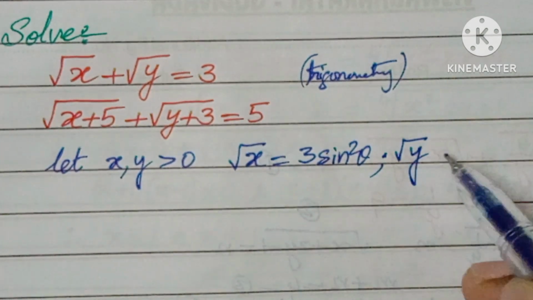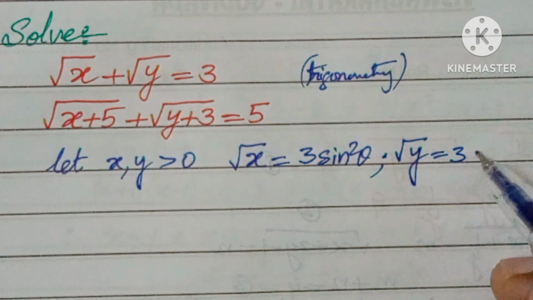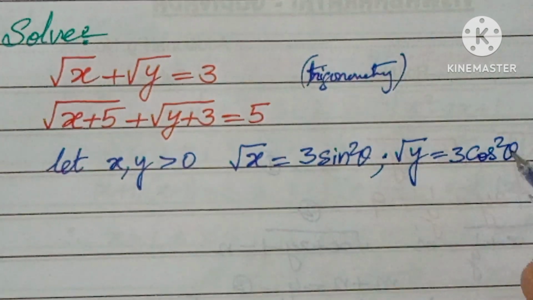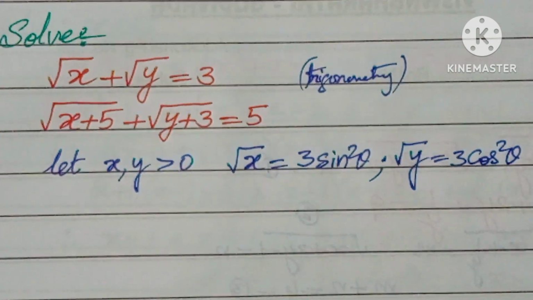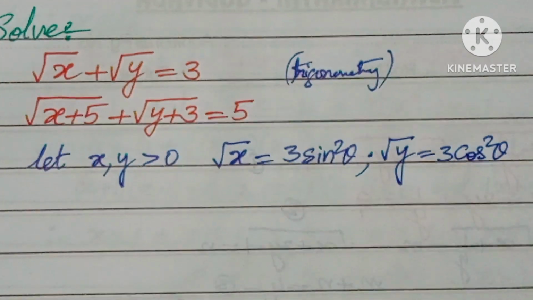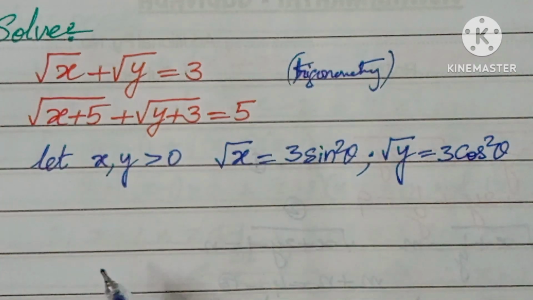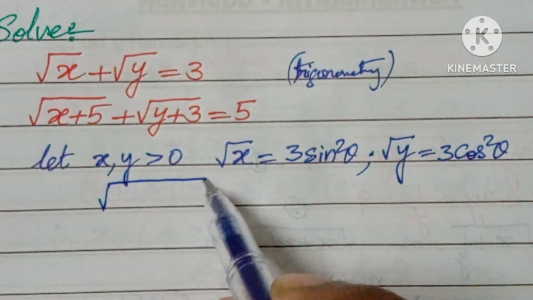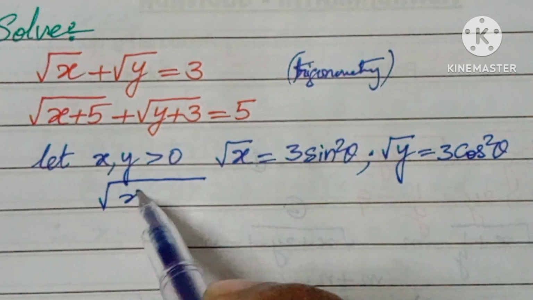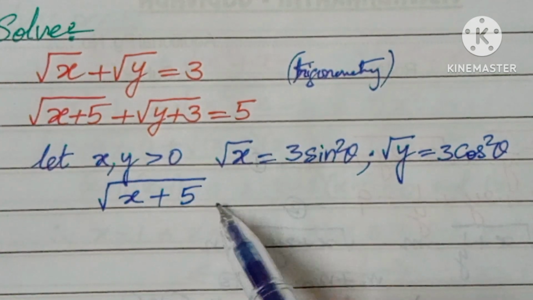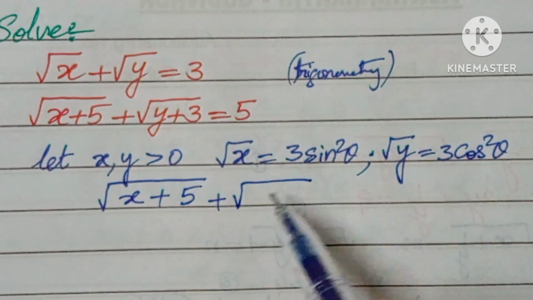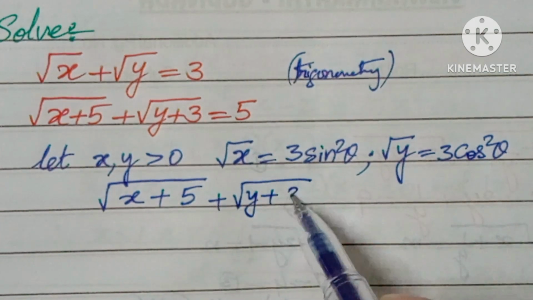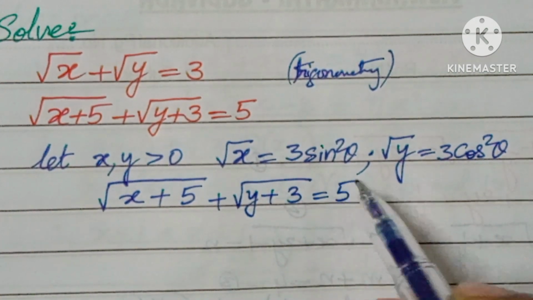Root y is equal to 3 cos square theta. Now the second equation that is given: root of x plus 5 plus root of y plus 3 is equal to 5.